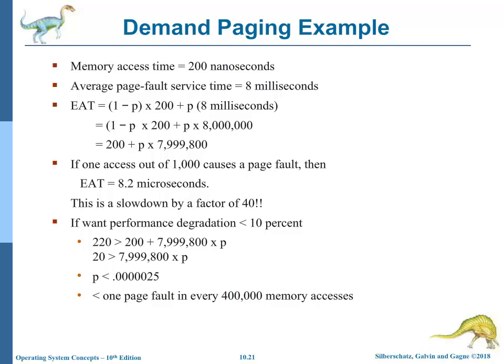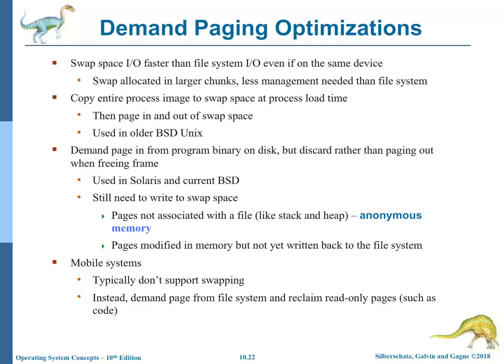So basically, there should be fewer than 1 page fault in every 400K memory accesses. Page faults can be very detrimental to effective memory access time, so it is extremely important to prevent the page fault rate from becoming excessive.